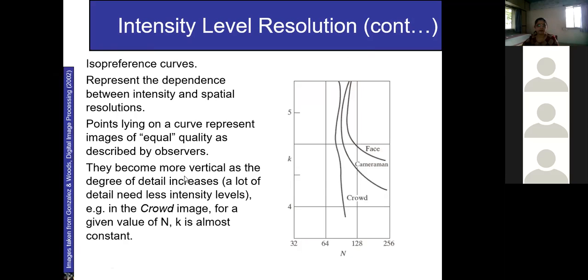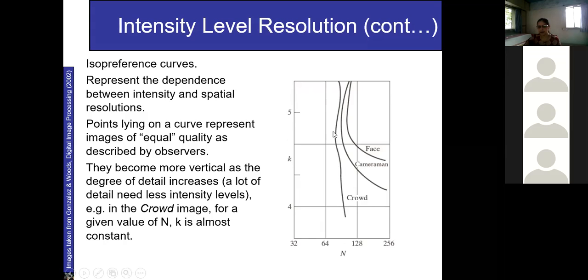Okay, so here these are curves known as isopreference curves. This graph represents the dependence between intensity and spatial resolution. On the x-axis there is spatial resolution. n represents spatial resolution, and k represents how many intensity levels there are.